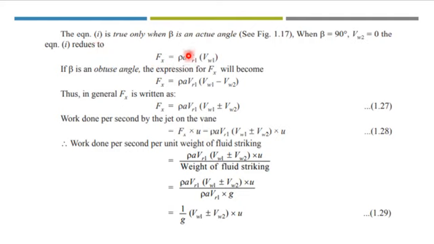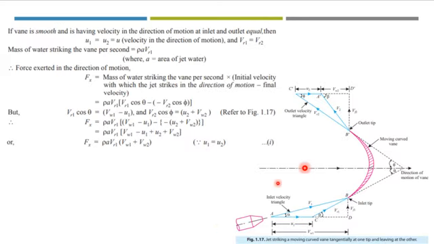But what are the limitations of this equation? This equation is true only when beta is an acute angle. If beta is 90 degree, then VW2 will be 0, and the equation will reduce to the form Fx equals rho A VR1 VW1. And if beta is obtuse angle, the expression will become rho A VR1 into VW1 minus VW2.